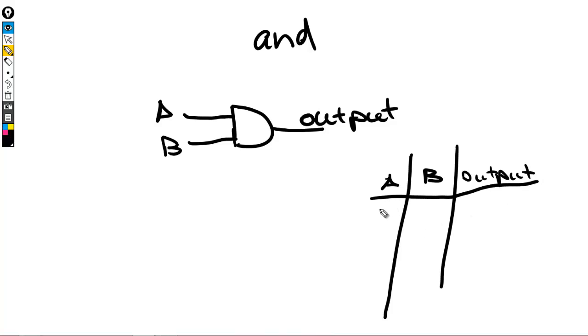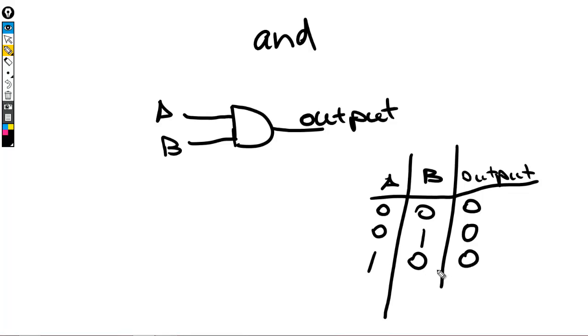In this case, if both are 0, our output is also going to be 0, similar to an OR gate. Now this is where it becomes different. When A is 0 and B is 1, the output is also 0, and the same thing goes for when A is 1 and B is 0.